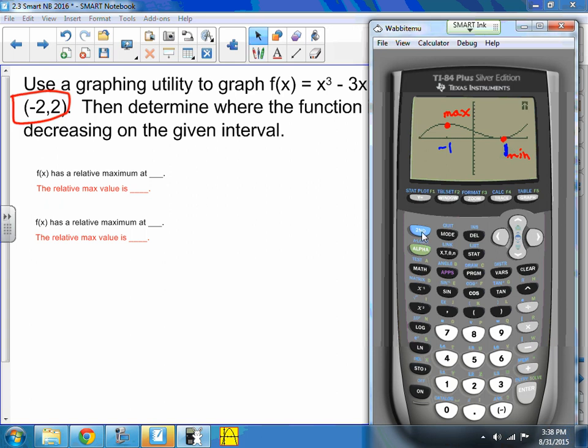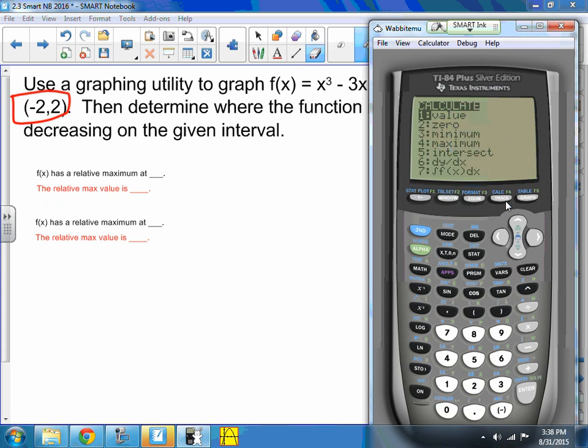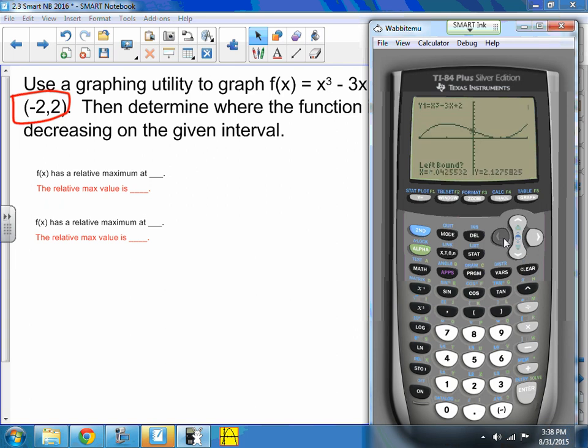So press second in calc, and let me clear this screen. Press second in calc, and then go down here to maximum. It's option 4. You're going to go over here to the left side of the point you think is the highest. So let's go over here, click, click, click, press enter. And you're going to go to the right of the point that you think is highest.